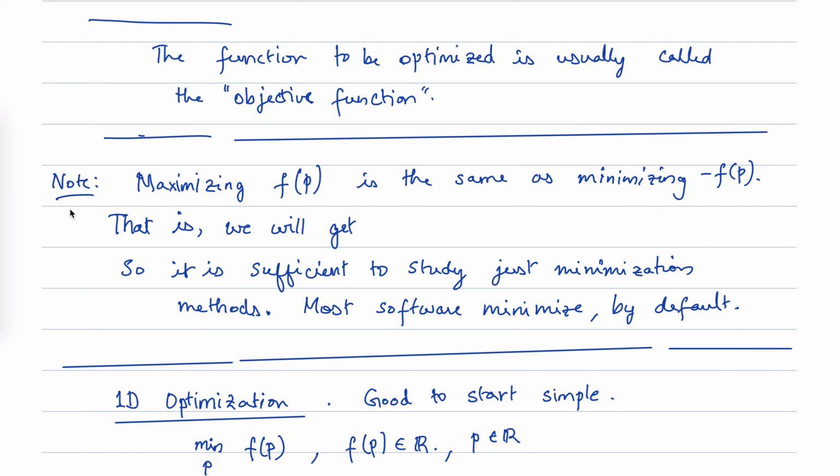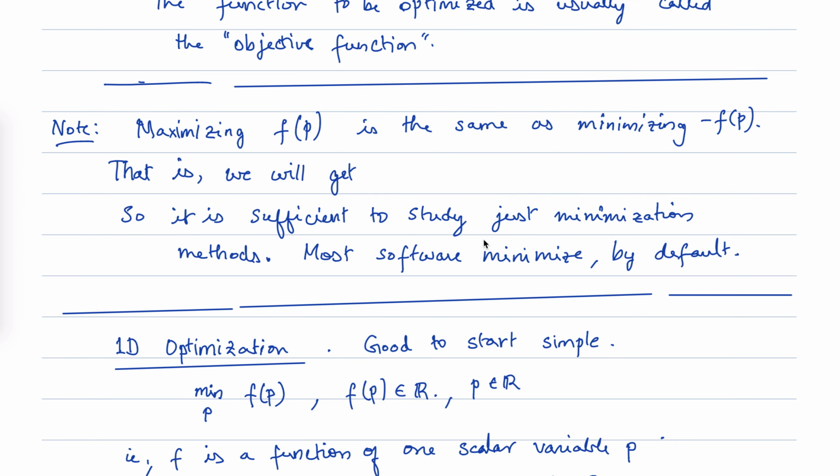Minimization and maximization are equivalent problems. Maximizing a function f of p is the same as minimizing the function minus f of p. That is, we will get the same value of p for either of these optimization problems. Maximizing f of p and minimizing minus f of p will give us the same value for p.